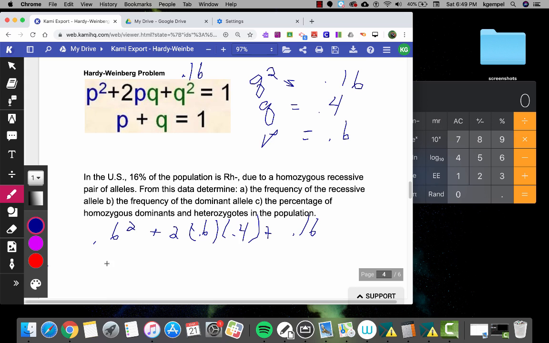So 0.6 squared should be 0.36, plus 0.48, plus 0.16. So in a population of 16% of individuals that are Rh negative, 36% of them are going to be homozygous dominant for their Rh factor on their red blood cells. 48% of them are heterozygotes, and again, it was already given to us, 16% of individuals are homozygous recessive or have Rh negative blood types.